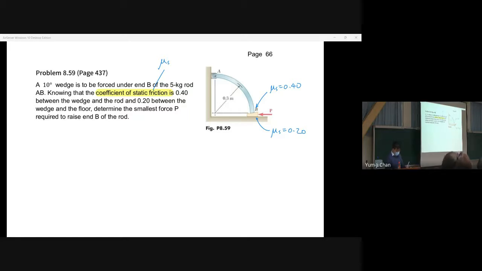It is very similar to the last problem. So let's draw the free-body diagrams.